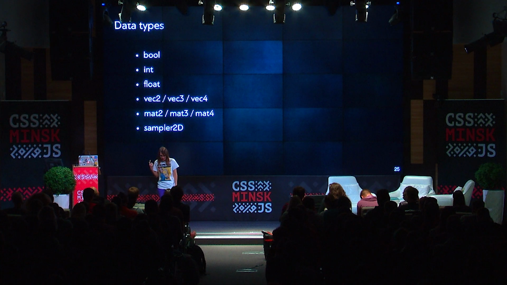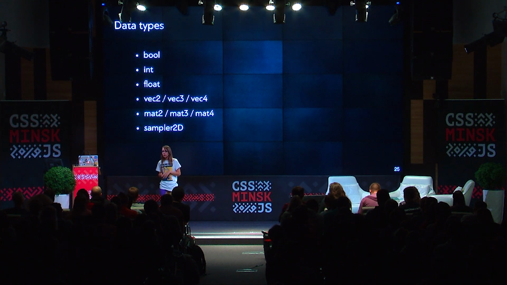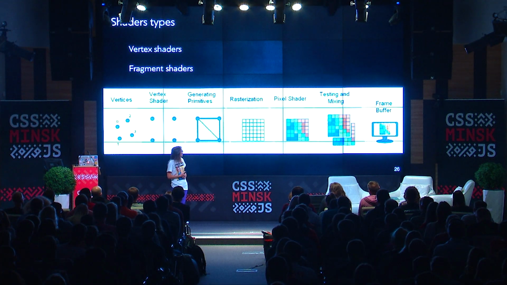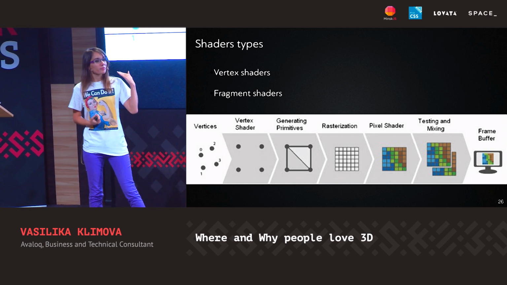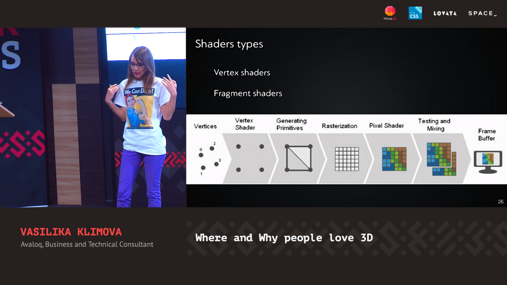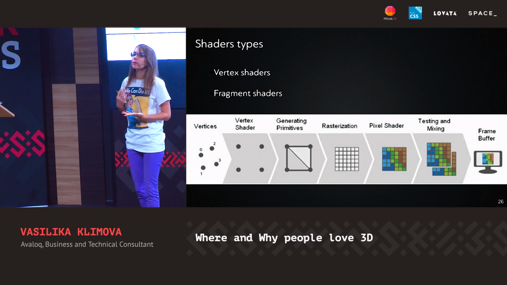Because it is C++, C syntax, we use types. These are the types from WebGL 1.0, and in version 2.0 they have a little bit more types, but it's not a big deal for us. We have TypeScript now. And let's talk a little bit about the vertex shader and the fragment shader.